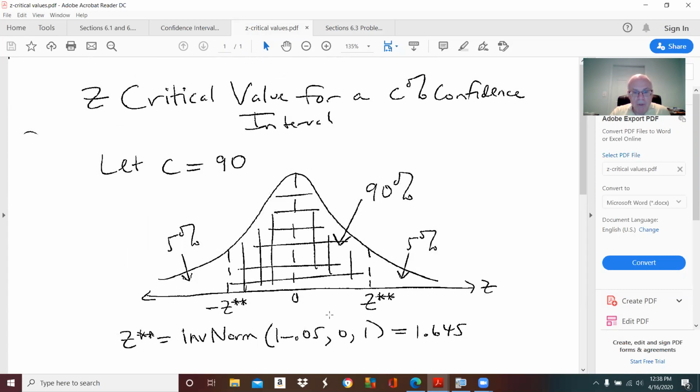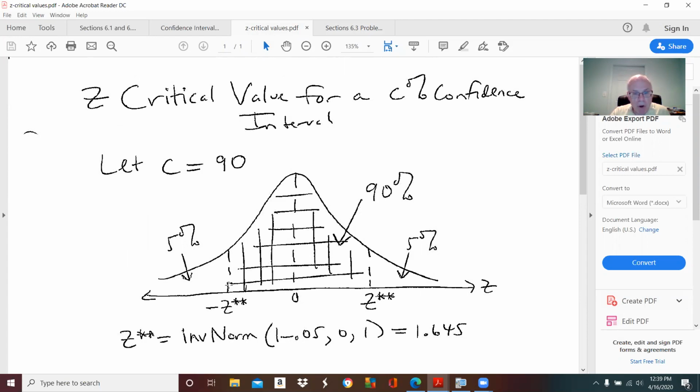So define z double prime, which is our critical value. We're going to use inverse normal in our calculator. The area to the left of the critical value is going to be this 90% plus the 5%, which is 95%. I wrote it as 1 minus 0.05 because the area to the right is 0.05, so the area to the left is 1 minus 0.05.